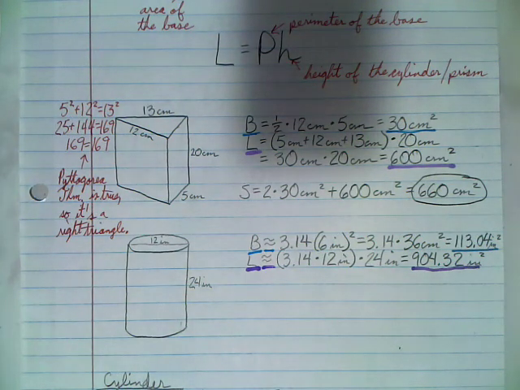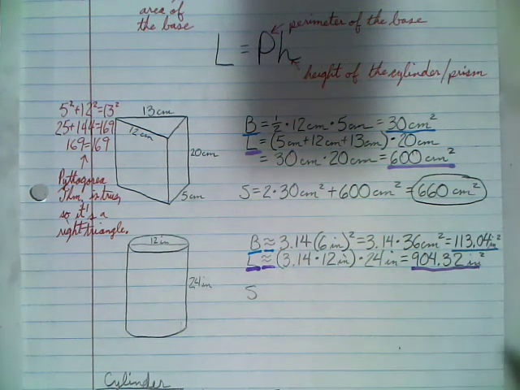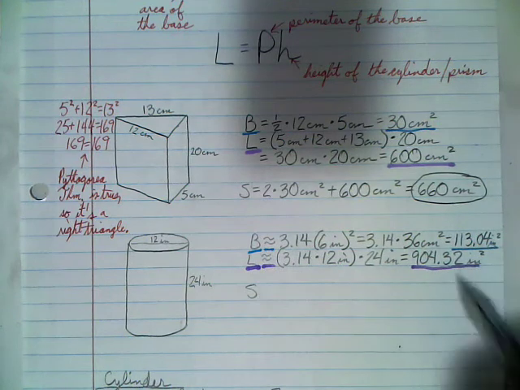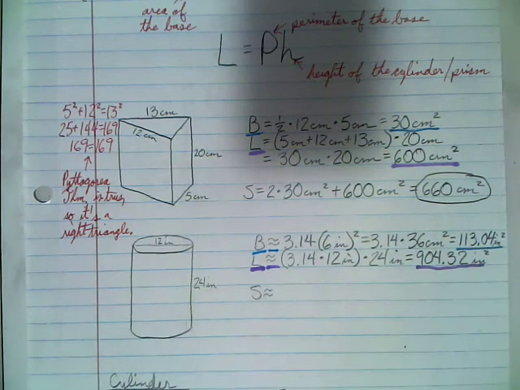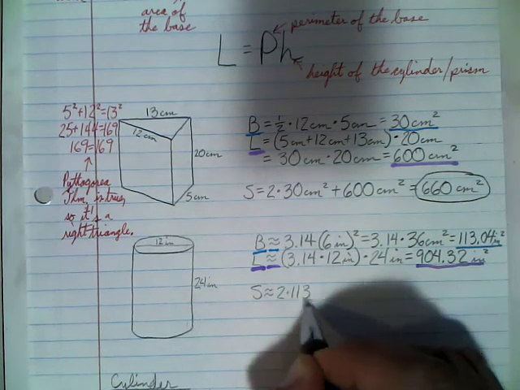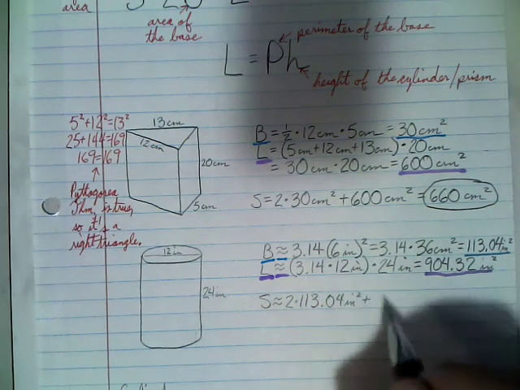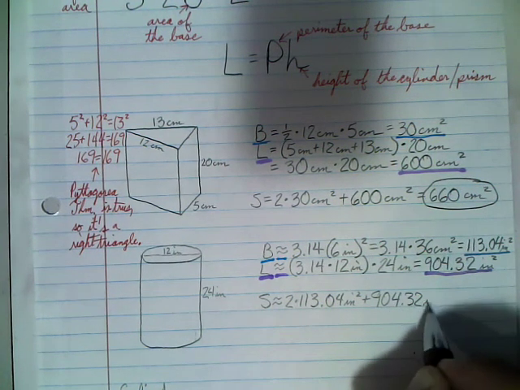And so when it comes time for surface area, S equals 2b plus L. Since both b and L are approximately equal to their results, that means that surface area will also be approximately equal to. So 2 times b being 113.04 square inches, plus L being 904.32 square inches.